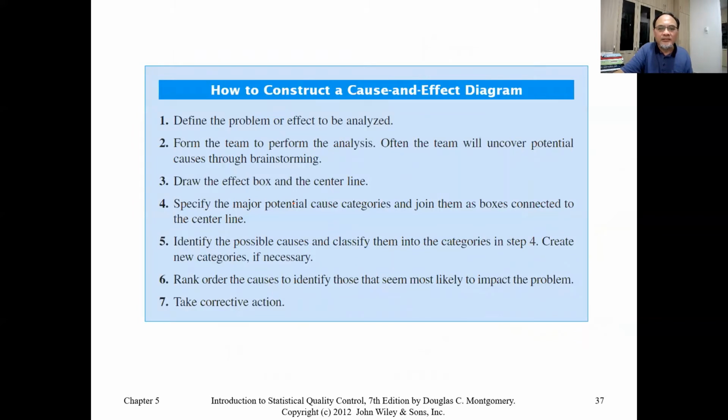This will describe how to construct a cause and effect diagram. First, define the problem to be analyzed, or the effect. I've done this before, looking at the example of the problem of English command among Malaysian students.